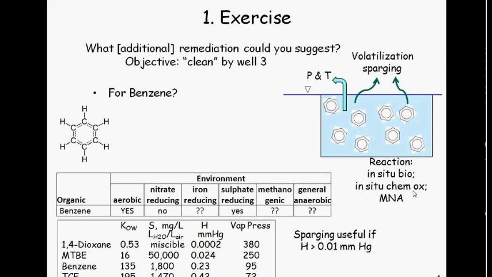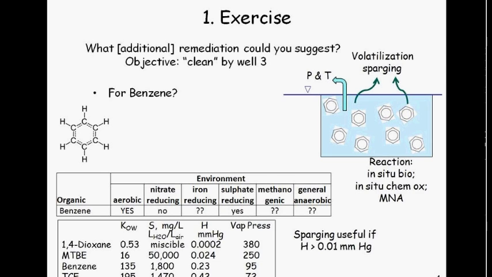There are no natural chemical reactions that affect benzene, but certainly in situ bioremediation or in situ chemical oxidation, with certain oxidants, can remove benzene. We're not going to emphasize that because Neil Thompson hasn't told us about in situ chemical oxidation yet, but it's my view that we probably could do that as well.